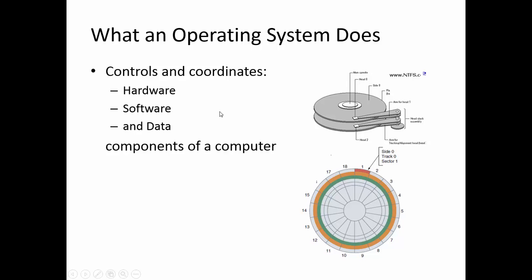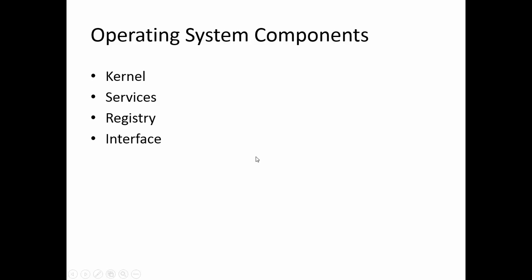An operating system is a piece of software that controls and coordinates the hardware, software, and data components of a computer.